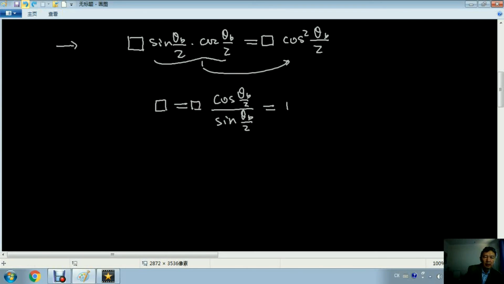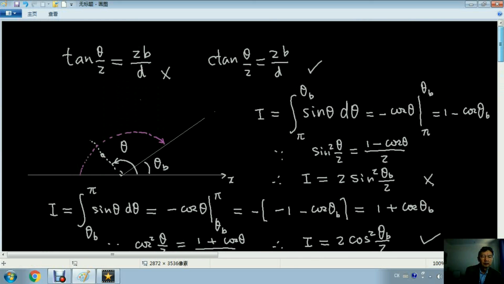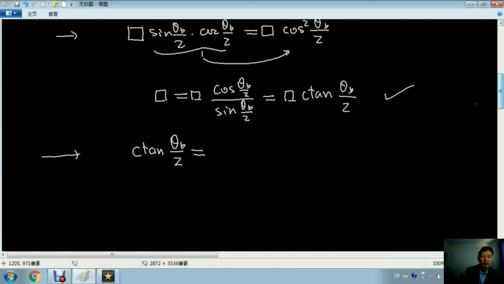That will give you cotangent half theta b. Finally, we should get the correct one: cotan half theta b will equal b divided by d. So this is the correct formula.